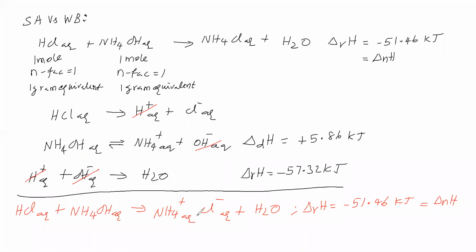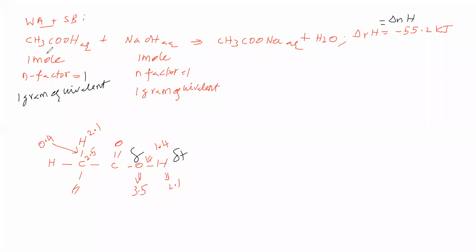Shall we say the extent of weakness in ammonium hydroxide and the extent of weakness in acetic acid are different or the same? How should it be? Because the enthalpy of neutralization is different, it is there in a different manner.